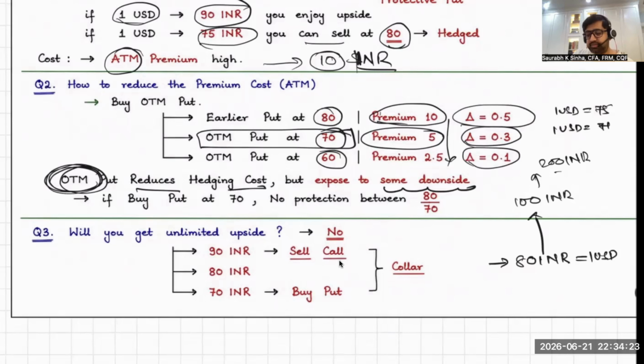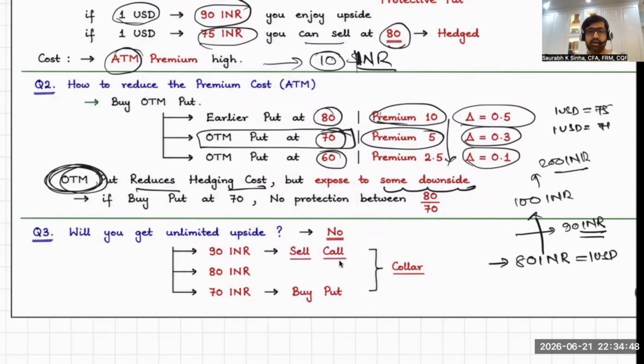But the question is, will that happen in the near future? You have a 3 month obligation to hold this 100 USD. Will in 3 months, 80 INR for 1 USD go to 90 INR or 95 INR? No. The maximum in your head, you can say that it can go to 90 INR, not beyond that.